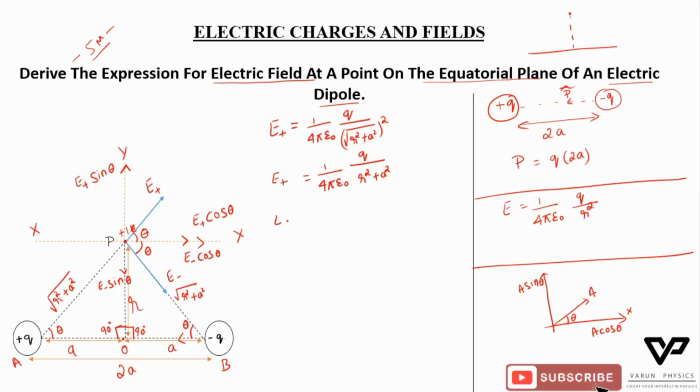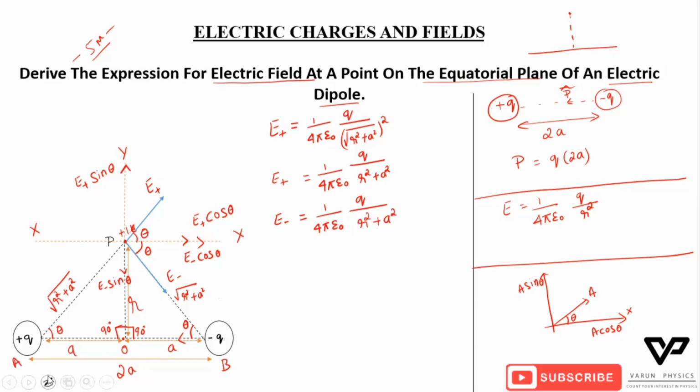And similarly, E minus is equal to 1 by 4 pi epsilon naught Q divided by the same. We are not considering the negative signs here because we are considering the directions directly. Therefore, minus Q and these are attractive and the distance between them is the same. Therefore, I'll write directly R square plus A square.